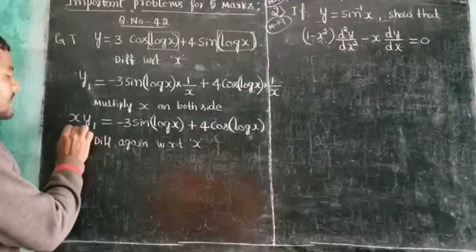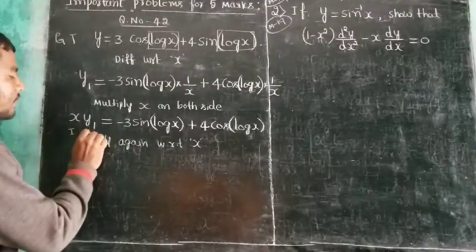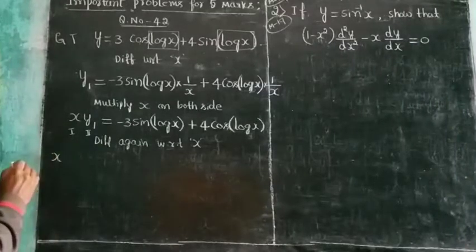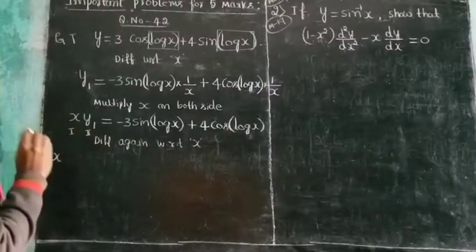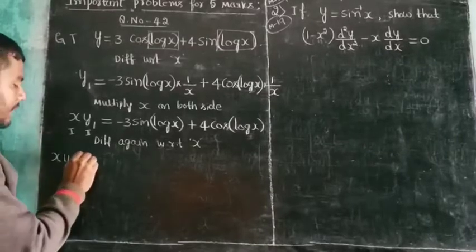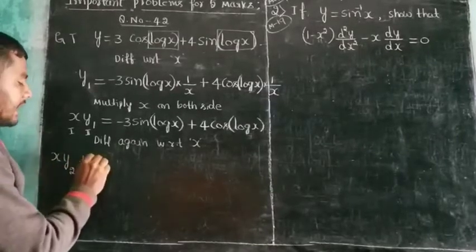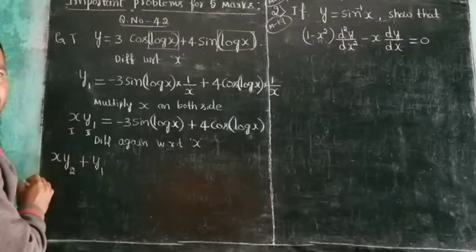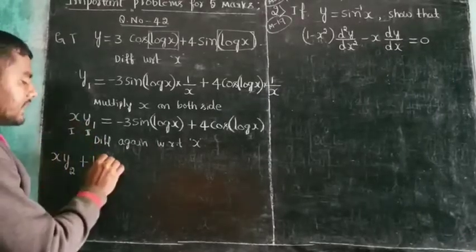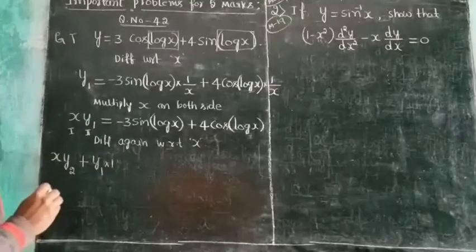Here the first function is x, the second function is y1. By the product rule, take the first function as it is and write the derivative of the second function. The derivative of y1 is y2, plus the second function as it is, and then the derivative of the first function. The derivative of x is 1.